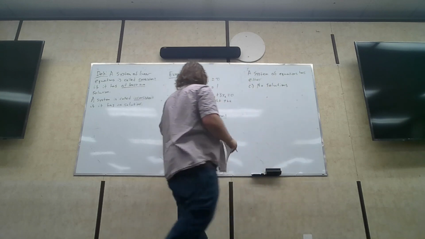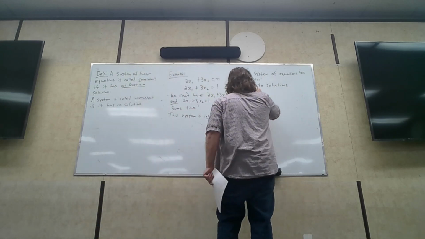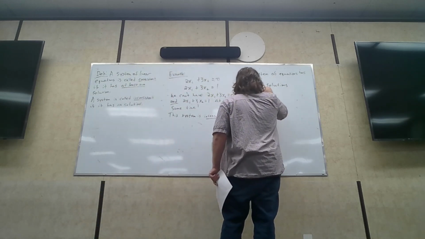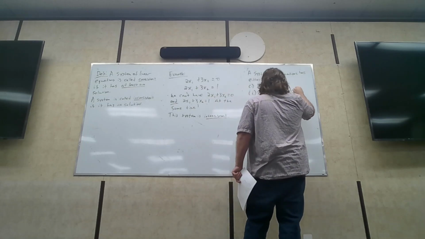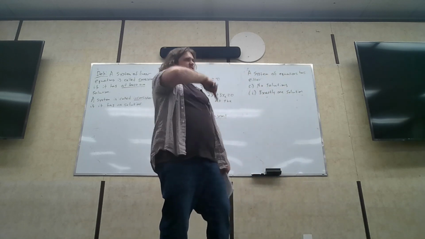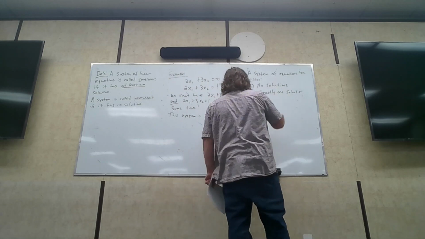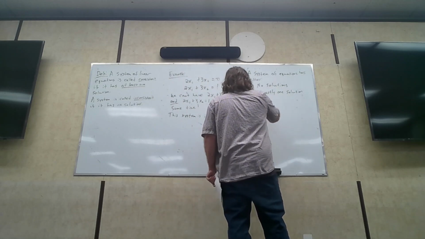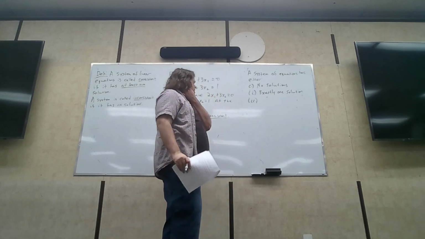So like this, right? It wasn't possible to solve this. Exactly one solution. So the example we just did, actually, the one before this, has exactly one solution, that fractional thing. And then there's one more possibility.